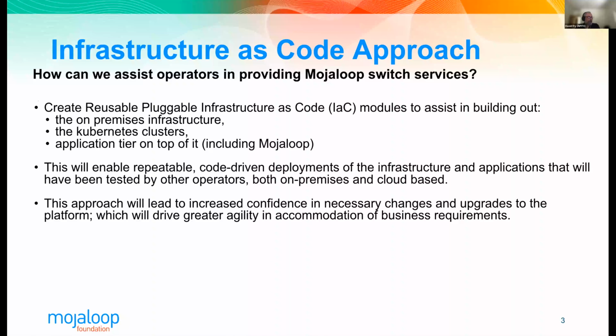And the whole premise of using an IAC approach is to give increased confidence to the operators to be able to make changes without being frightened of the results, because they are constantly making changes in production.